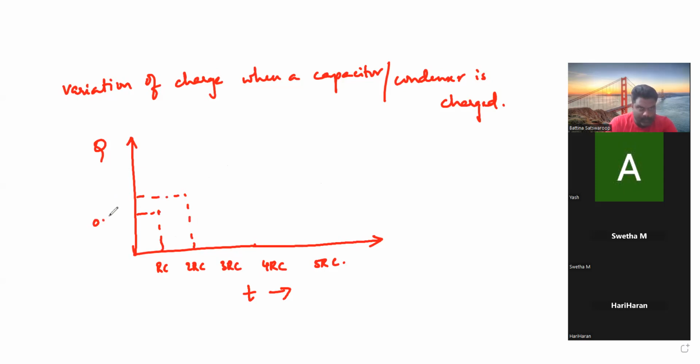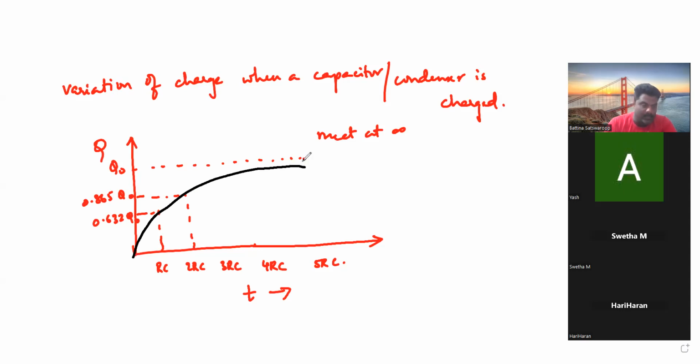இது வந்து 0.632 Q0, 0.865 Q0 and Q0. This is Q0. So they meet at infinity. So I will draw a graph between them like this. Okay, ma? Right?